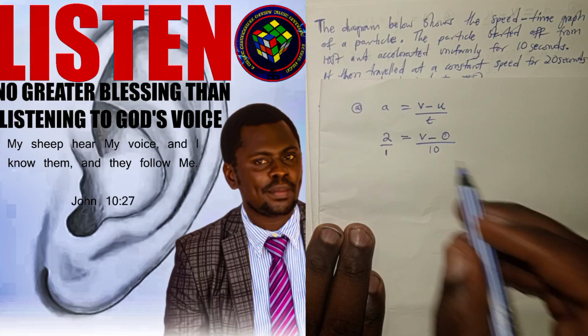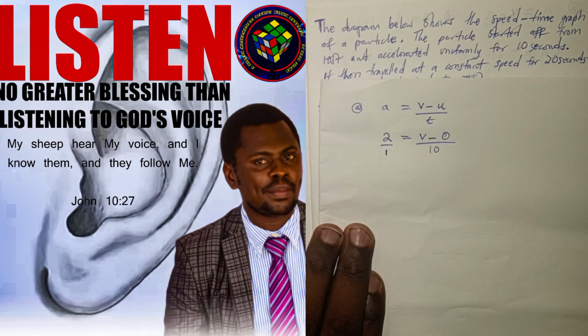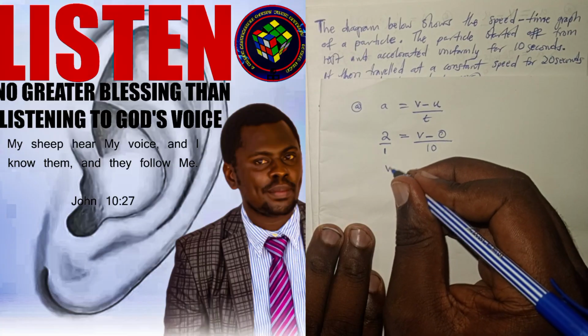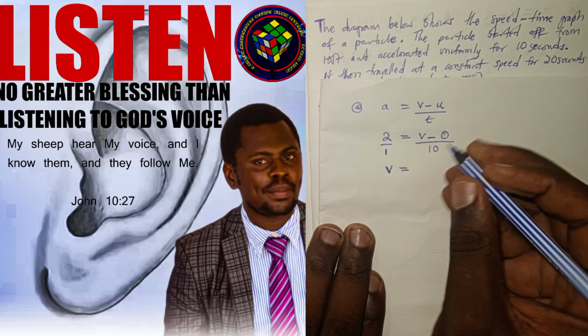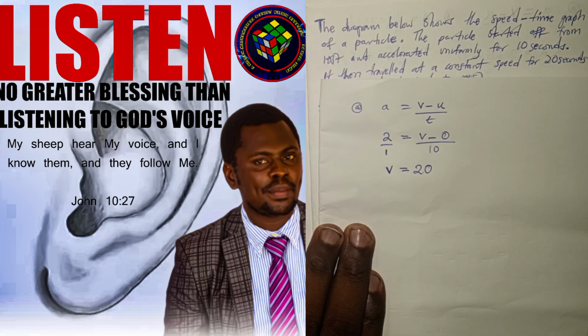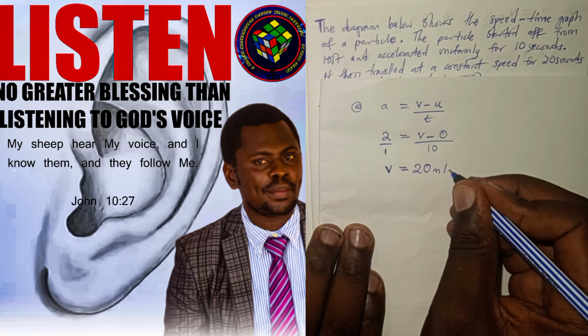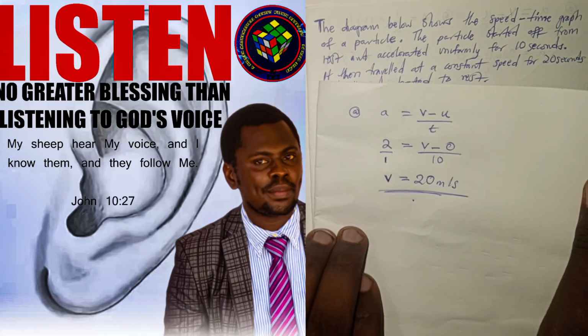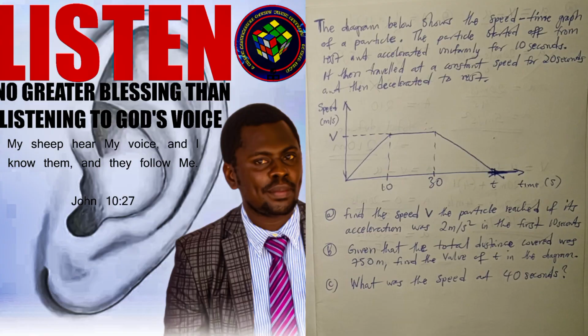Okay, we know that v minus 0 is v, then we can cross multiply. So 1 multiplied by v, you get v is equal to 2 multiplied by 10, you get 20. So v is equal to 20 meters per second. So that is A. We go to B.